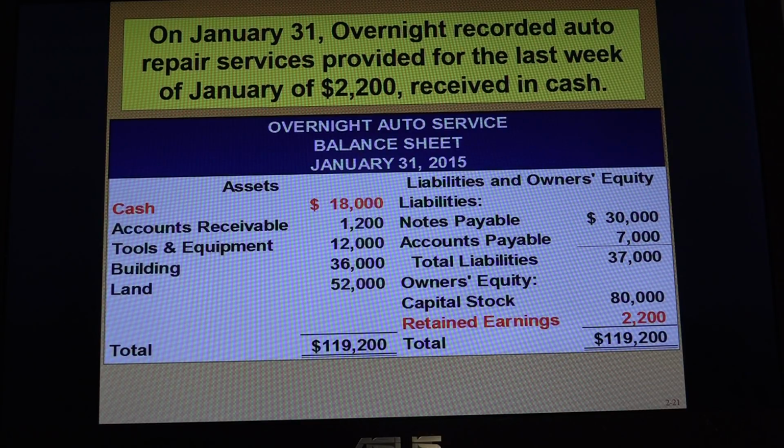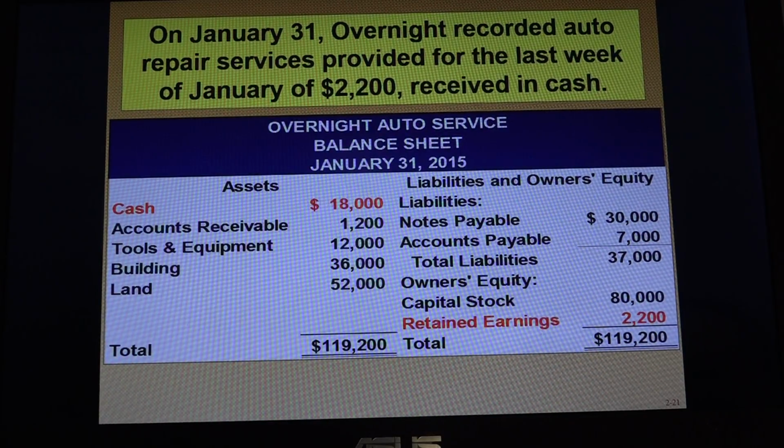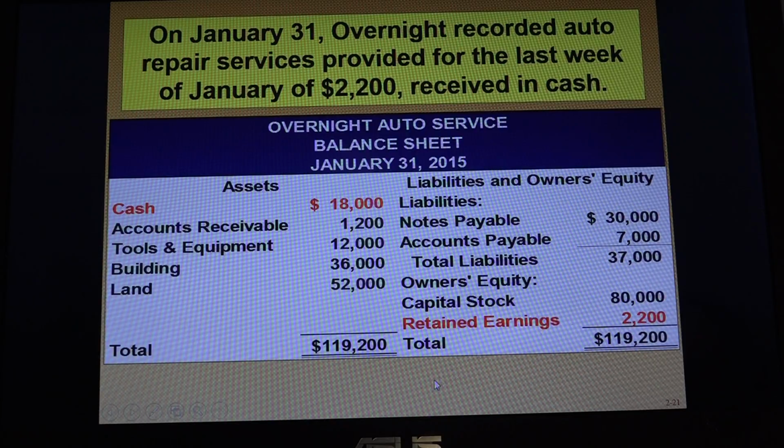And then you have a couple of other things. You have your capital stock account, and you have dividends. So all those things make up your retained earnings.